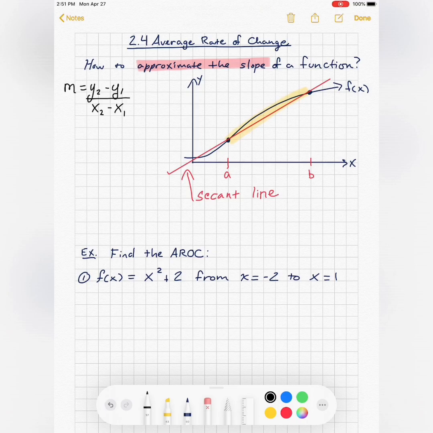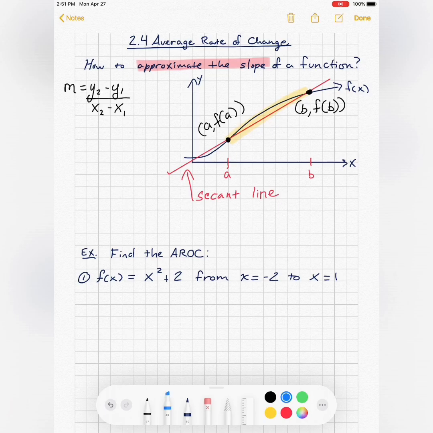And so what I'm going to do is I need to look at the relevant points, and I'll need to fill in the coordinate pair. So I'd have a. To get the y value, I'd have to plug a in the function, so f of a. And then I'd have b and whatever f of b is.